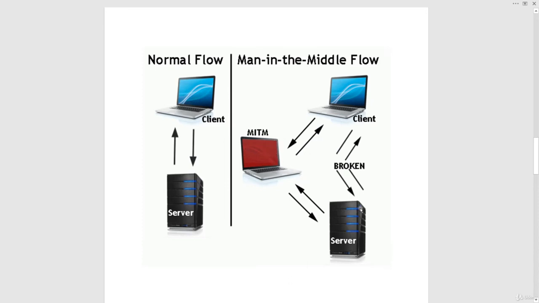Instead of sending the responses directly to the client, it will send from here, and will also connect to this client from here. That means the requests and responses are from this man in the middle.